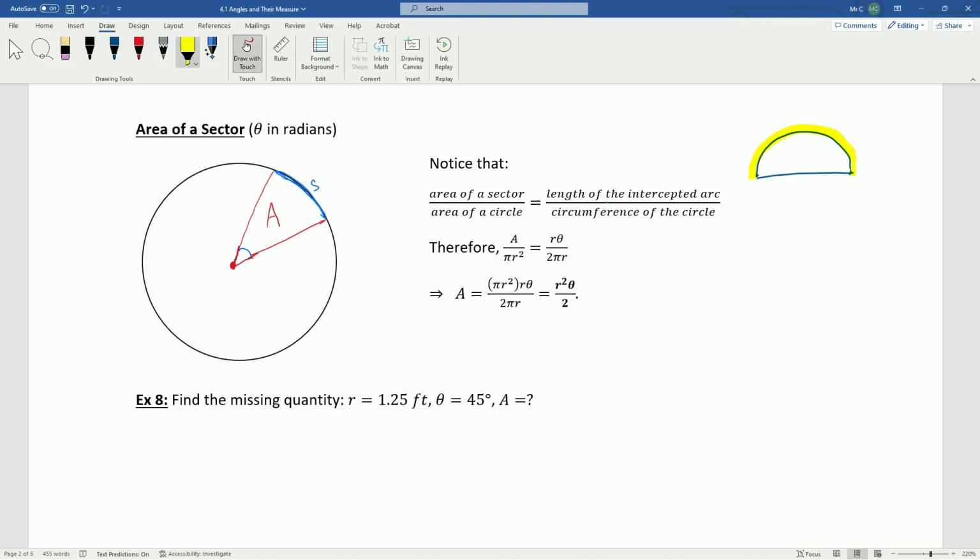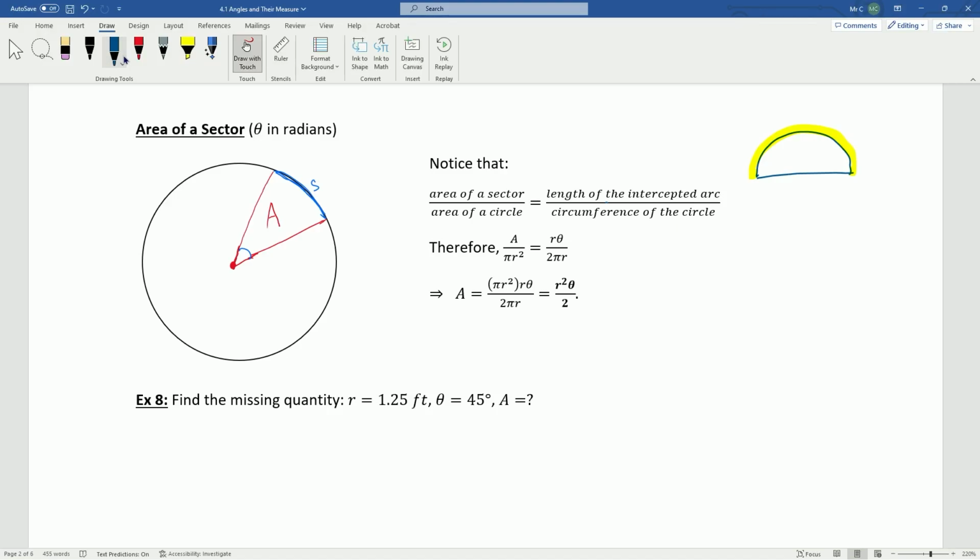The length of this arc is half of the circumference, just like the area is half of the area of the circle. That's all this says. Whatever portion of the circle the sector is by area, that's the same portion you're going to get for the length of the intercepted arc, as compared to the circumference.